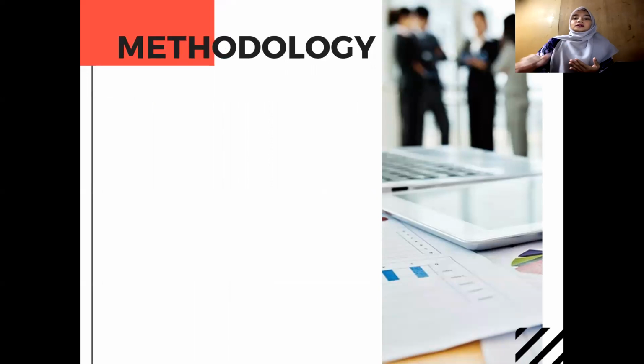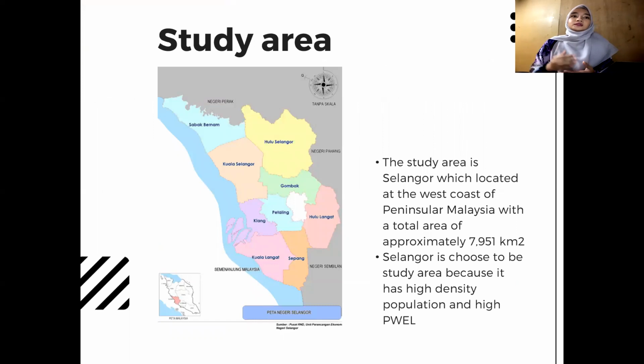Next is methodology. First, the study area that is chosen is Selangor. Selangor is chosen because it is believed to have a highly dense population due to urbanization, and also it has a high population weighted exposure level.